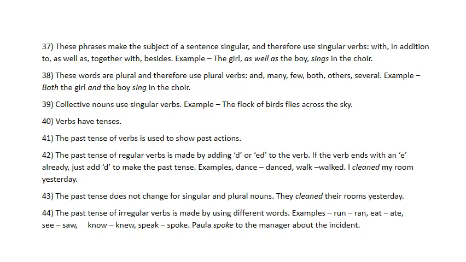Verbs have tenses. The past tense of verbs is used to show past actions that happened already. The past tense of regular verbs is made by adding D or ED to the verb.